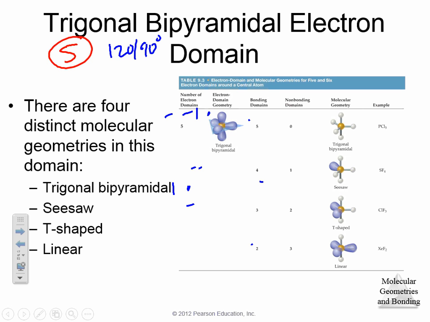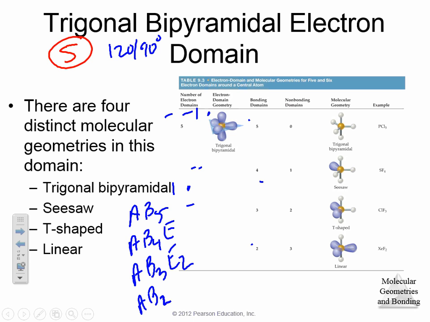With 5 domains, there are 4 possible geometries. We have AB5, AB4E, AB3E2, and it's even possible to have AB2E3. And depending on what those are, AB5, that's easy. The base shape is always what the unit is named after, so this is trigonal bipyramidal.